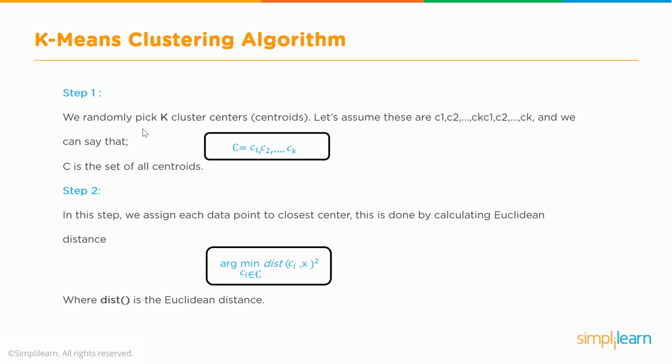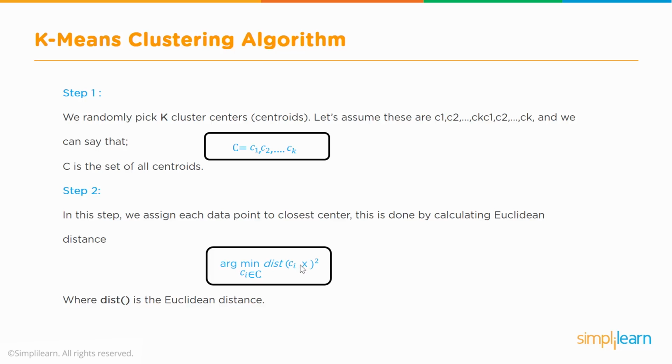So we randomly pick k cluster centers. We call them centroids although they are not really the centroids. So let us name them C1, C2 up to Ck. And then step 2, we assign each data point to the closest center. So we calculate the distance of each x value from each c value.